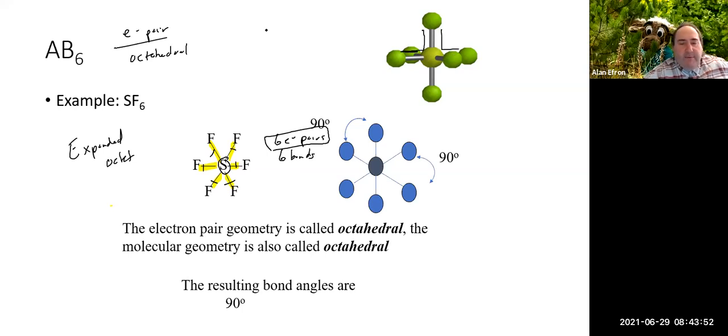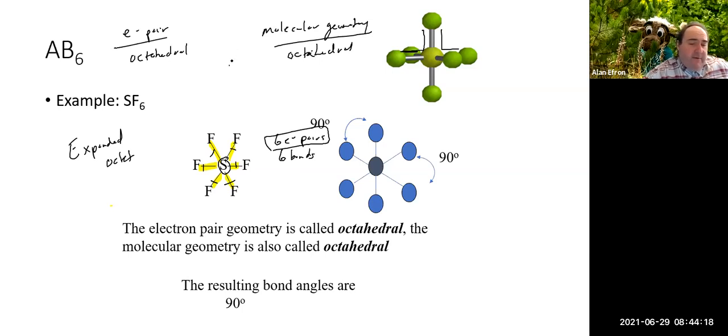And we end up with a molecular geometry of octahedral as well. So again, both of these names are the same. Now, to answer the question that was asked earlier, the electron pair geometry name and the molecular geometry name are exactly the same.